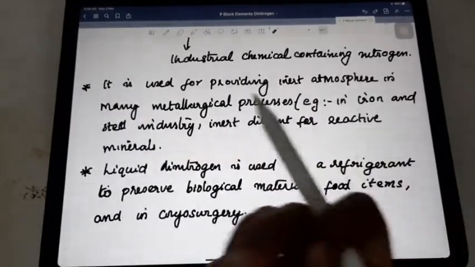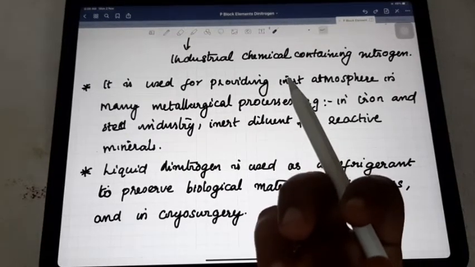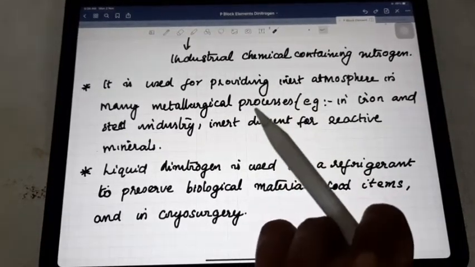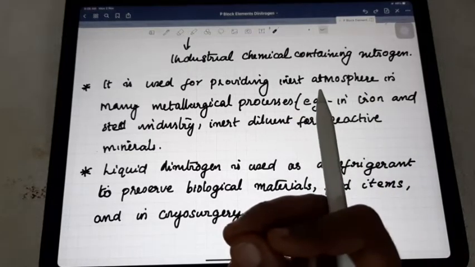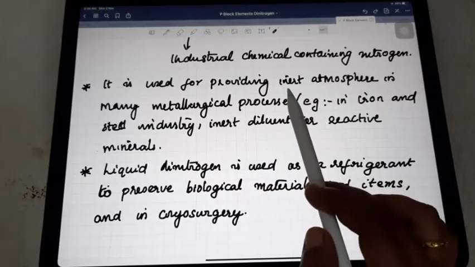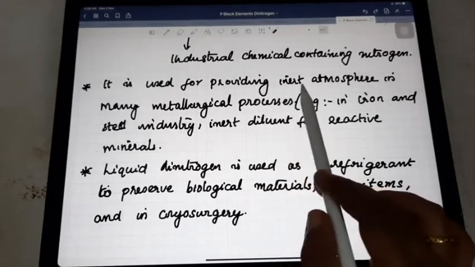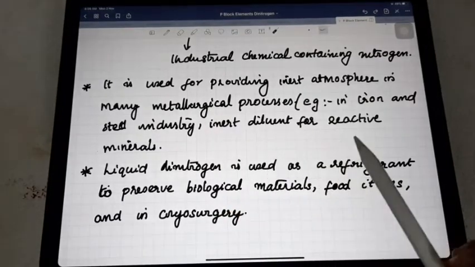The next one: when you buy chips from the shops, inside the packet, nitrogen gas is filled as a preservative. Why? Because nitrogen has an inert nature, providing an inert atmosphere for food items.